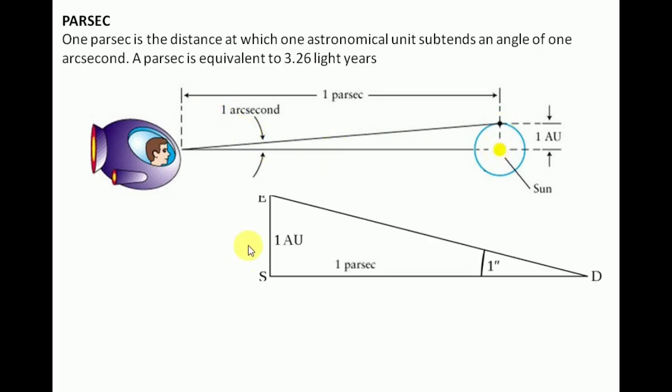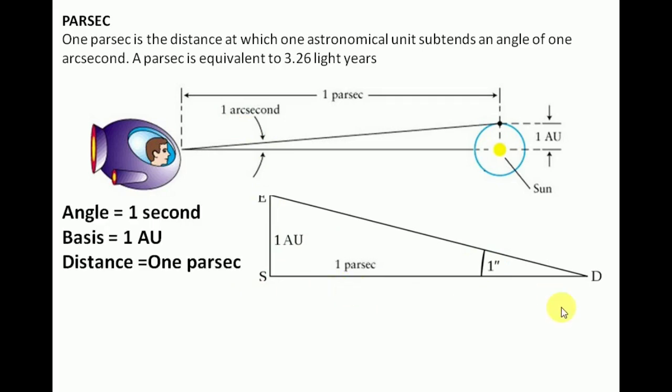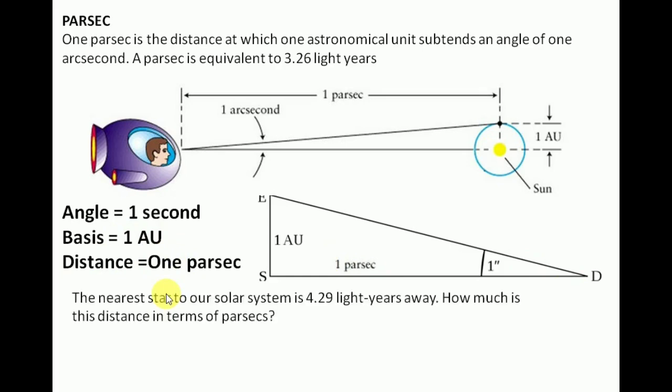So you can say if the angle is 1 second and this distance is 1 astronomical unit, then this distance will be the parsec, and 1 parsec is equivalent to 3.26 light year. So when the angle is 1 second and this basis is 1 astronomical unit, then the distance is 1 parsec. Now the distance of the nearest star, that is Alpha Centauri, is 4.29 light year.